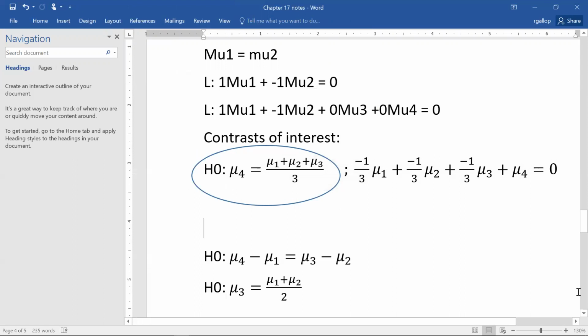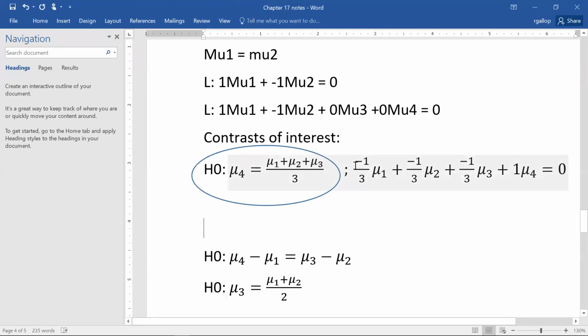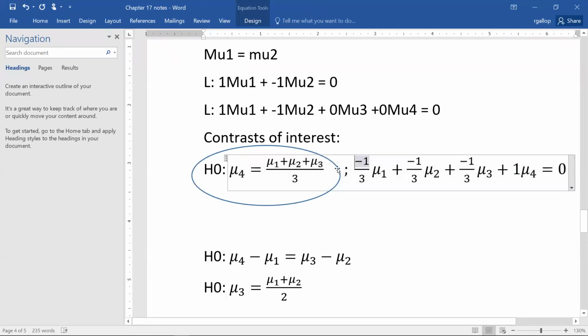Notice the coefficients, they sum to 0. Actually, I should probably put 1 there. Those coefficients sum to 0. And then similarly, we can go here. Let me steal this part of the equation real quick there.